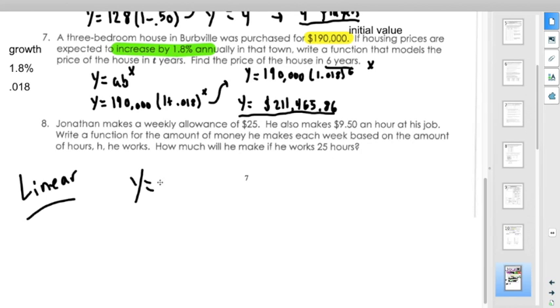y equals 9.50x plus 25. I'm going to let x equal hours worked.